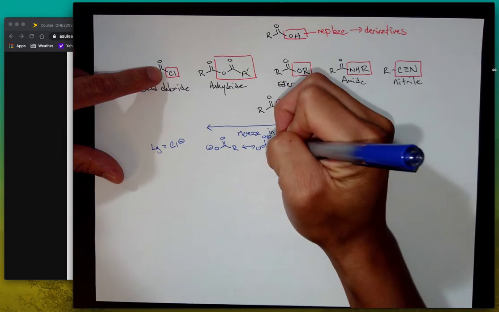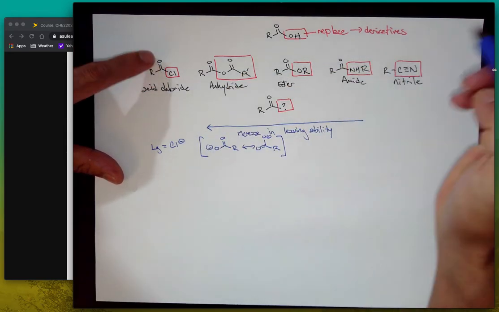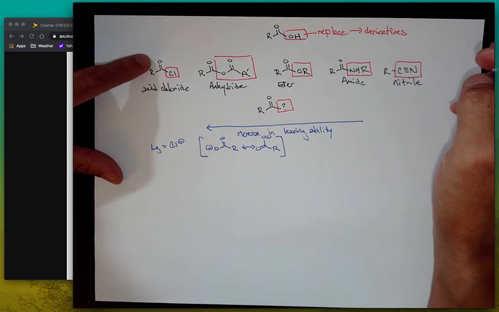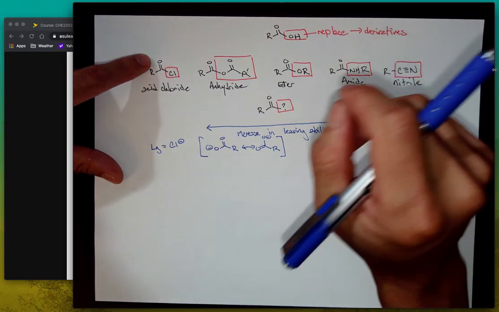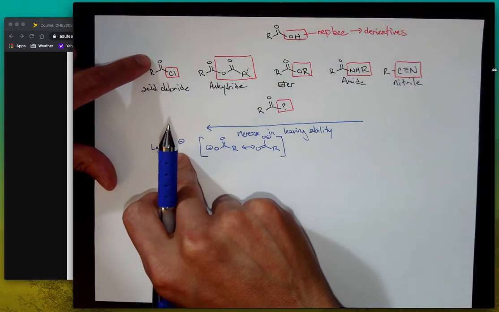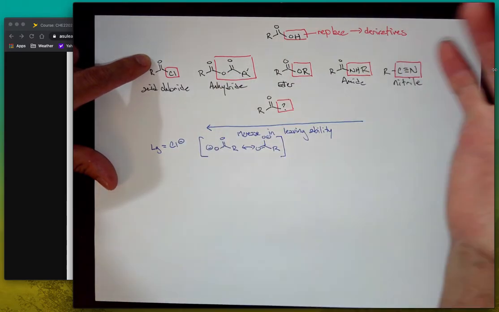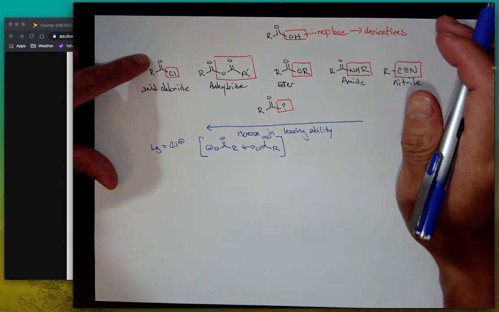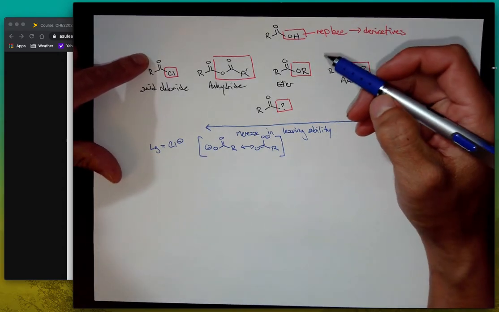And so when a piece of something can leave a molecule, and it can be stabilized when it leaves, well, then it's likely to leave. And so this is a pretty good leaving group. Not as good as a halogen, but certainly this leaving group possesses a way that this species could stabilize itself once it's left.